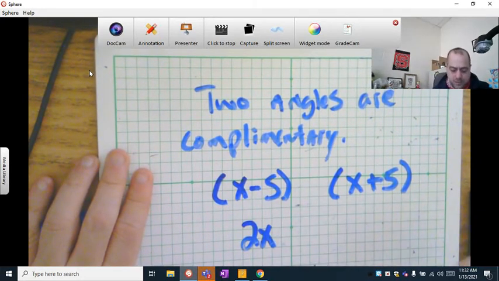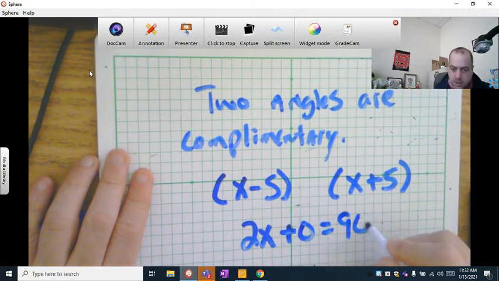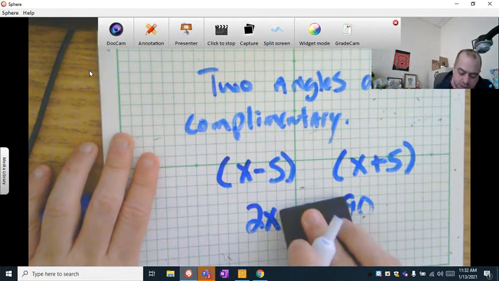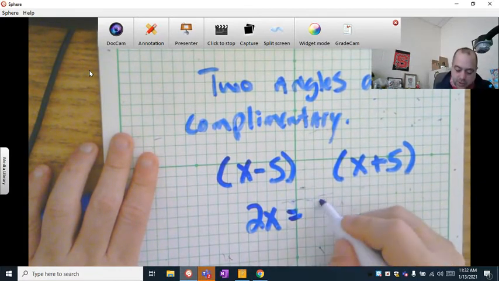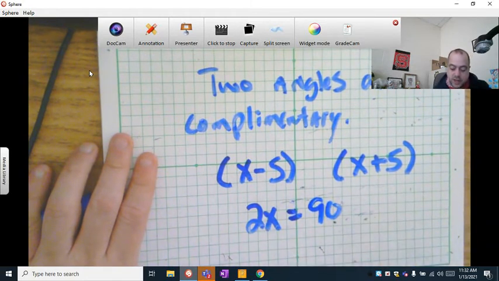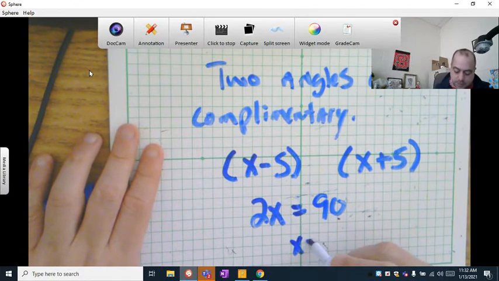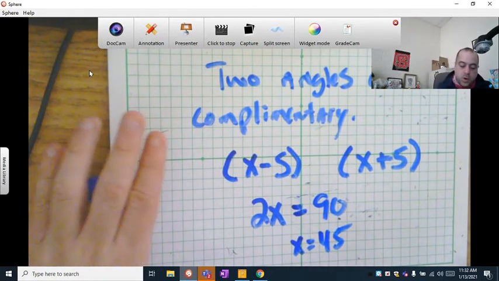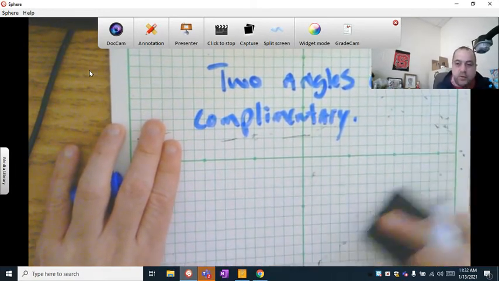So plus 0 equals 90. But we're smart enough, we know we don't have to write plus 0 because it's just irrelevant. So we're going to leave out the plus 0 and just write 2x equals 90. We don't need to put the plus 0 there. 90 divided by 2, 45. Okay?